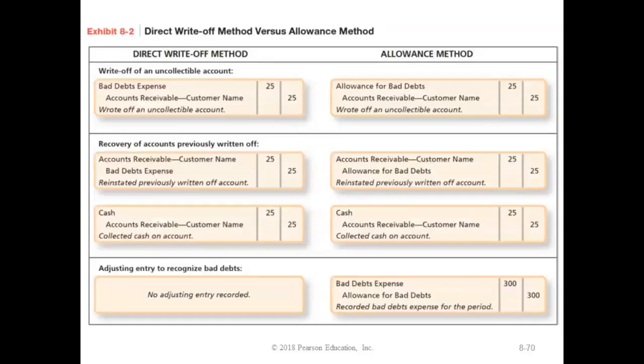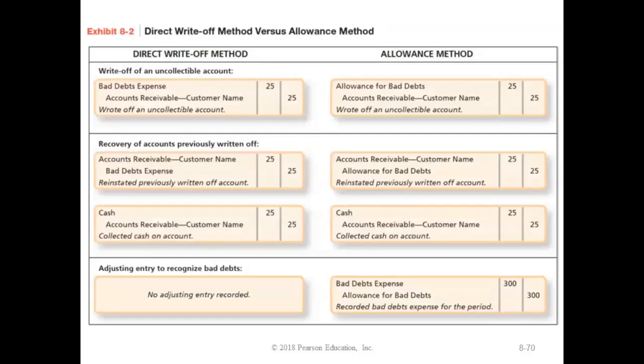So with the allowance method here, you can see the direct write-off method versus the allowance method. With the allowance method, we're making an adjustment to recognize bad debt expense, and that is okay. We can use estimates, and we're also matching our expense against the potential revenue that was generated, unlike the direct write-off method.